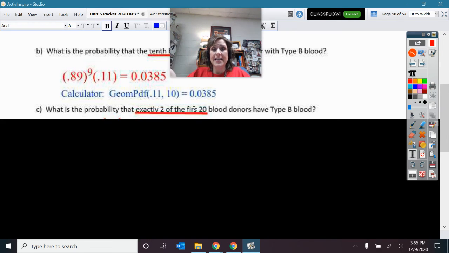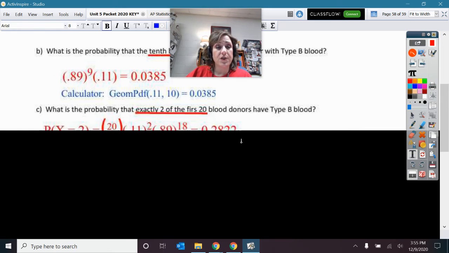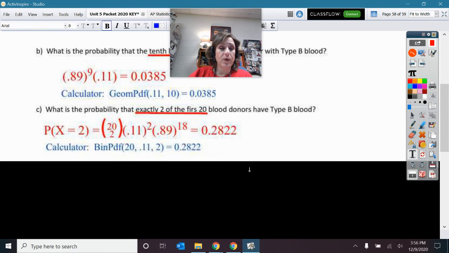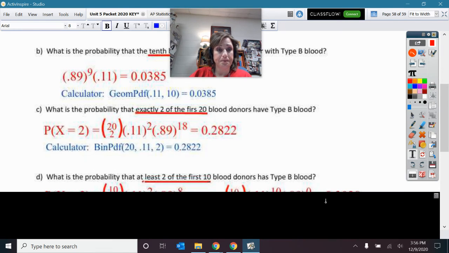So that is a set number of 20. Look at 20, and those 2 successes can be sprinkled anywhere amongst those 20. So then that's our binomial. We've got 20 trials, 2 successes. PDF, exactly 2 successes.